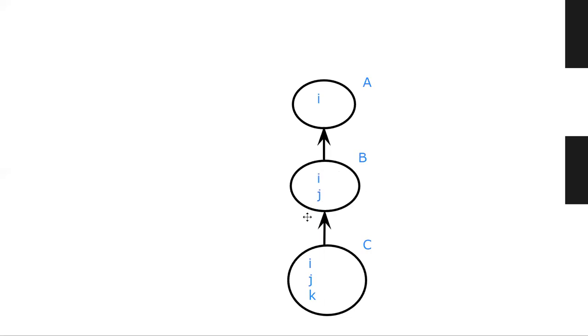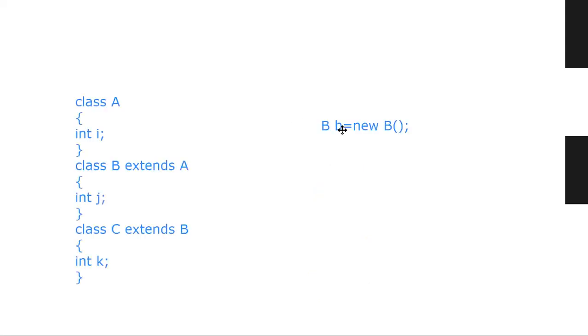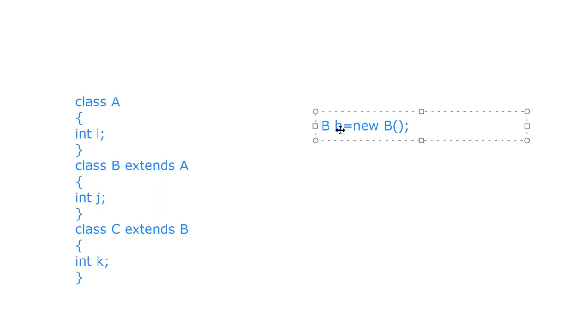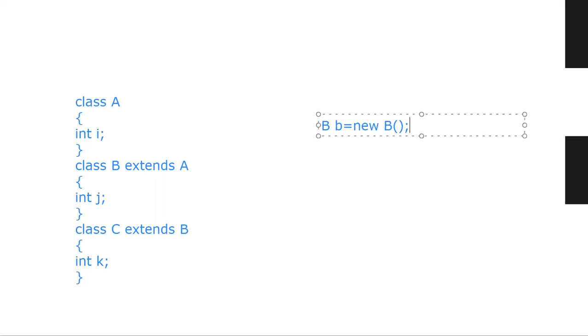If I create an instance of class B, what is the instance that we have created? I'll take an instance called P. Now what can we do? P can refer to all the members. Now what are the members available in class B?